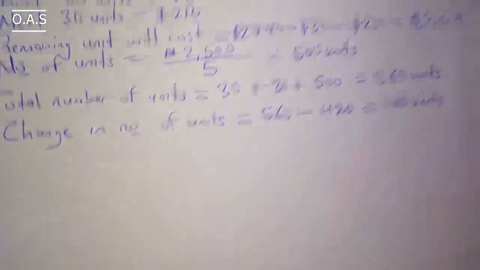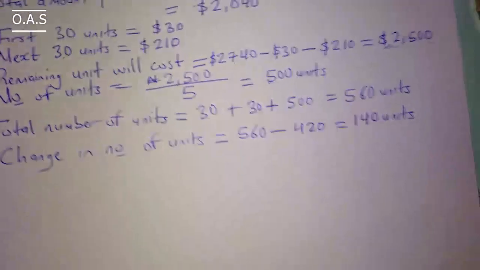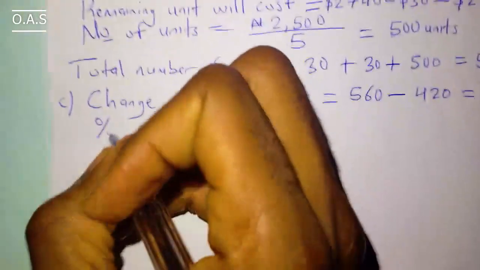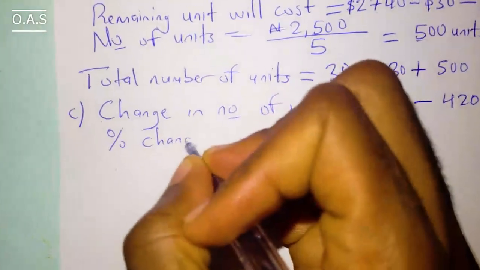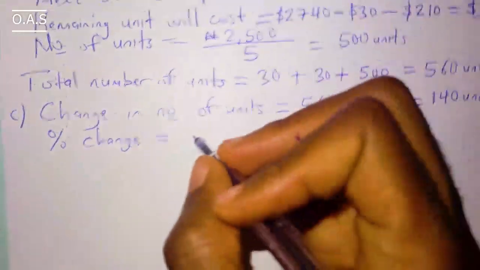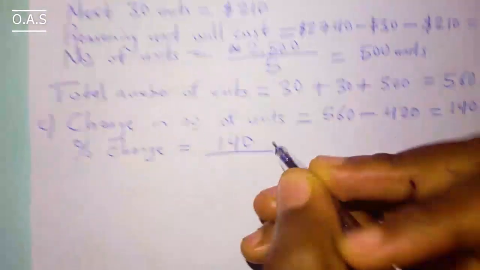So therefore the difference in units, that's an increment from January to February of 140 units. So percentage change as we asked in the question would then be equal to the change in number of units, that's 140 over the number of units she consumed in January.